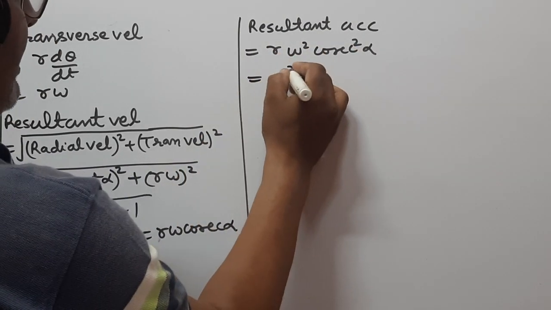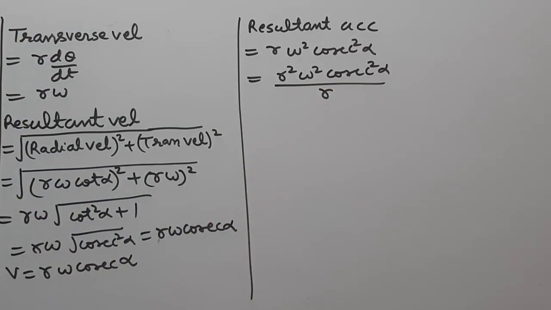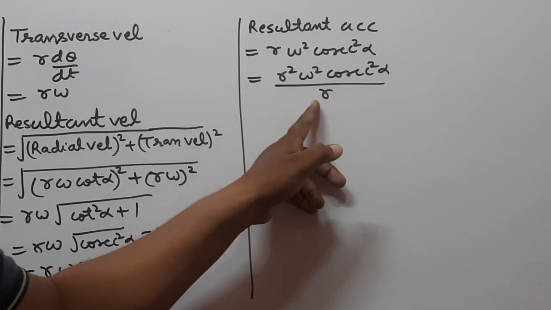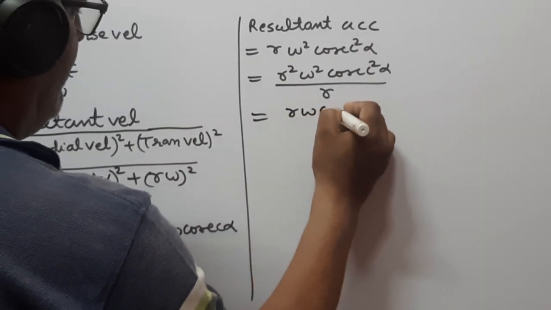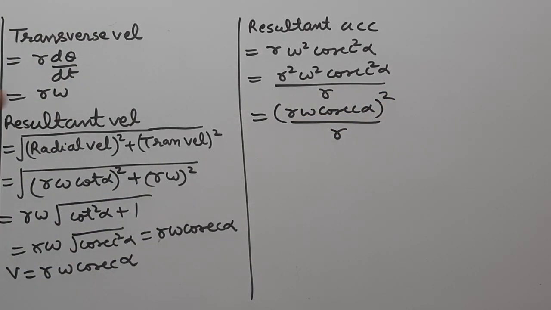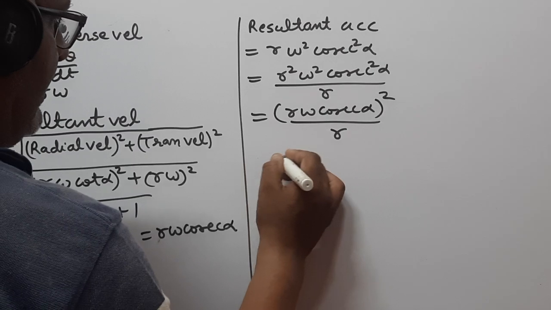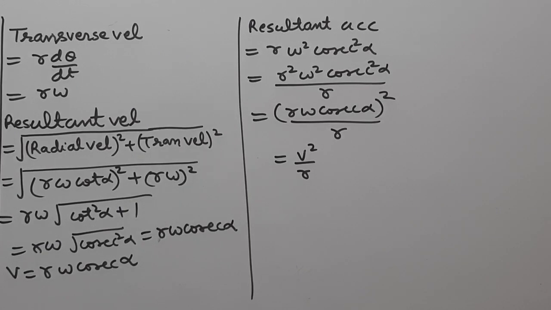This can be written as r² ω² cosec² α divided by r, multiplying numerator and denominator by r. The numerator can be written as (r ω cosec α) whole square divided by r. And we know that r ω cosec α is equal to the resultant velocity. So we can write v² divided by r. So we prove the resultant acceleration is equal to v² upon r.